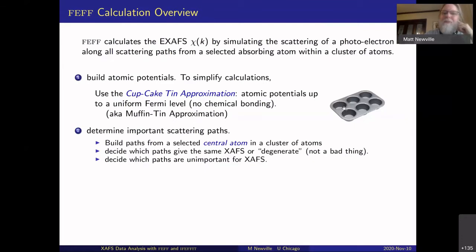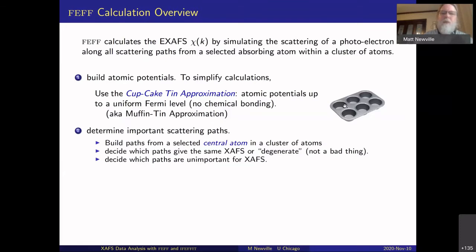So if you think of each atom as in a cupcake tin, then we use what's called the cupcake tin approximation, where the atomic potentials up to some uniform level, the Fermi level typically, are used, but in between the atoms, it's just a constant potential level. That is, as the electron travels to this atom, or this atom, it sees the same flat potential.